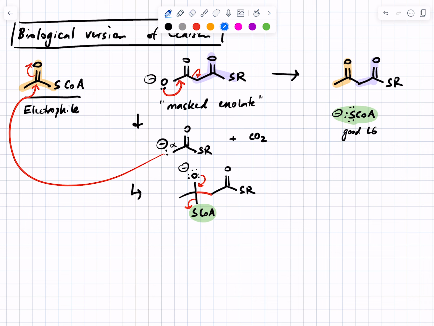And again, in our product, we've made a new bond between the alpha carbon of what was our enolate nucleophile and the carbonyl carbon of our electrophile, which is now a beta carbon, and the product is a beta keto thioester.